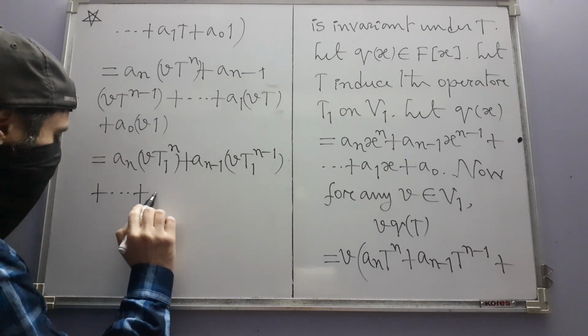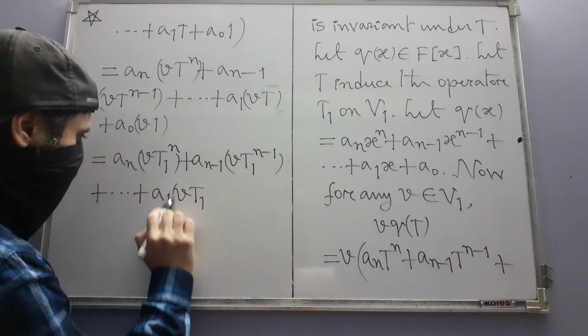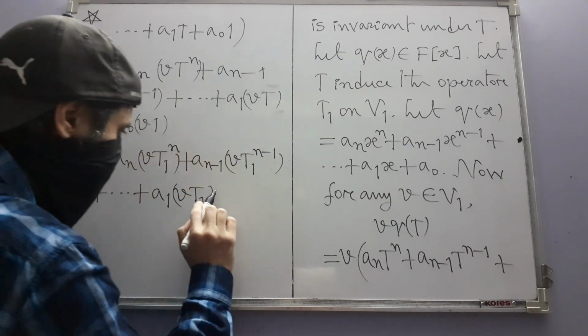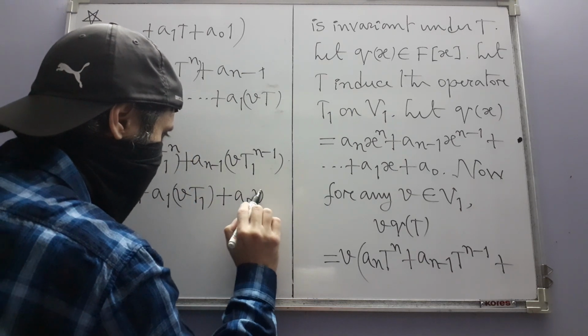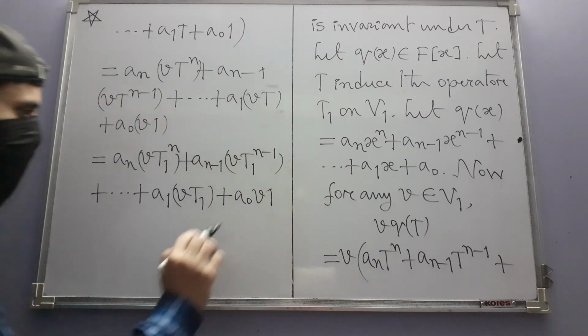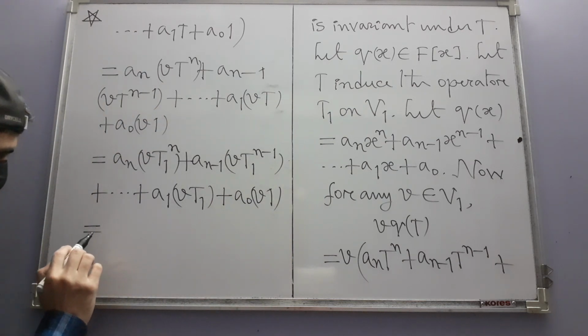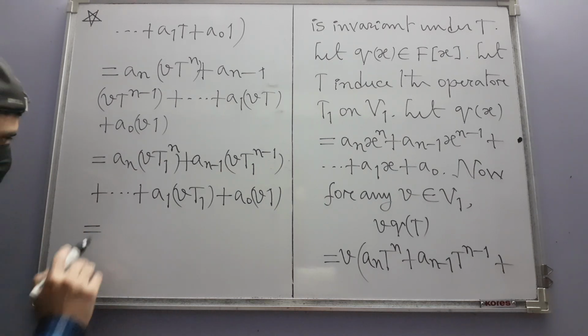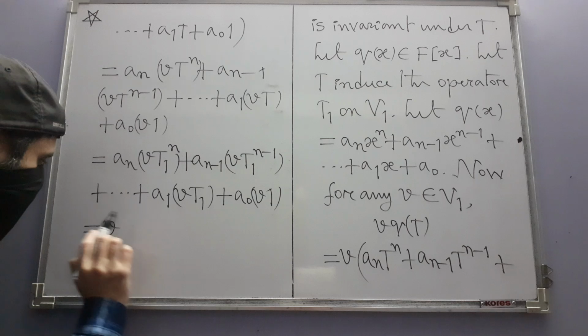Plus a1 Vt1, and this of course you can just keep it like that. And that's why if you now do kind of back calculation with t1 in place of t, you get this.